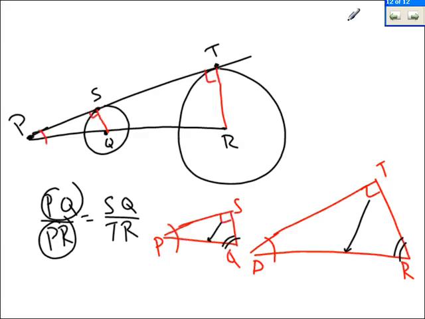PQ is to PR as, now they say SQ. SQ is between a right angle and an angle with 2 slashes. Right angle, 2 slashes, TR. And that's what it says over there. So here it's true. Those 2 triangles are similar. So they have the same 3 angles. And when you divide corresponding parts, you always get the same ratio.